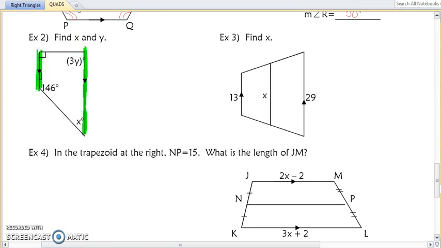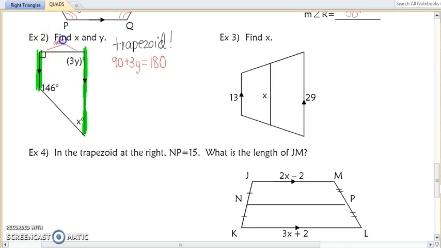We don't have legs congruent, so we can only say that this is a trapezoid. In our trapezoid, we know that one lower base and one upper base angle are supplementary. So we can add one upper base and one lower base angle to 180 degrees. So 90 plus 3y is equal to 180.